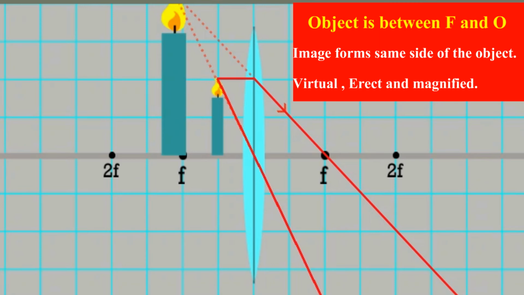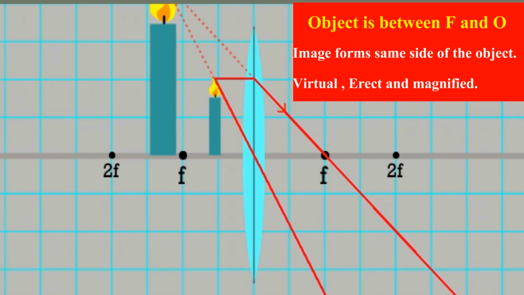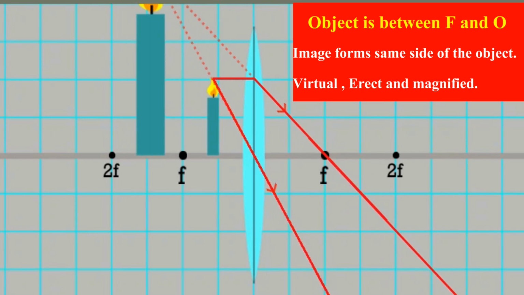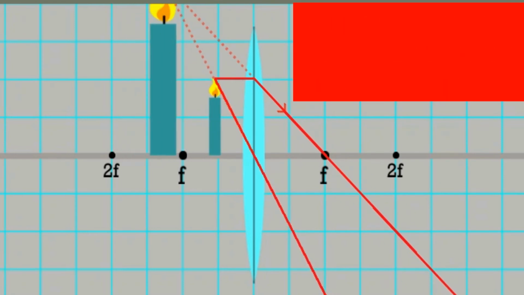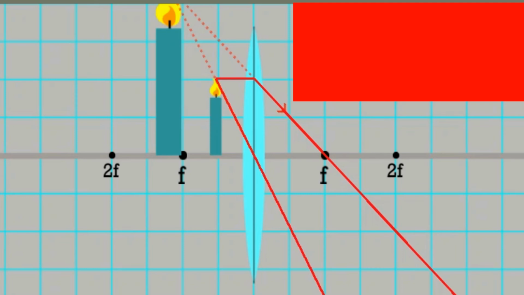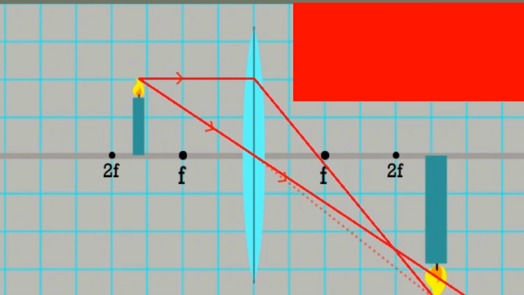Clear, sir? This is when the object is placed between the optic center and the focus. Understood? So this is how a convex lens forms images for different positions of the object. Now you observe carefully.